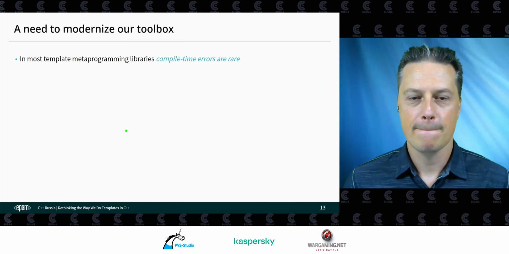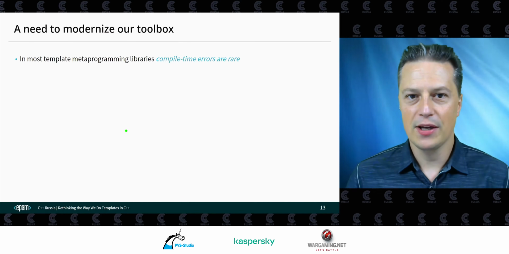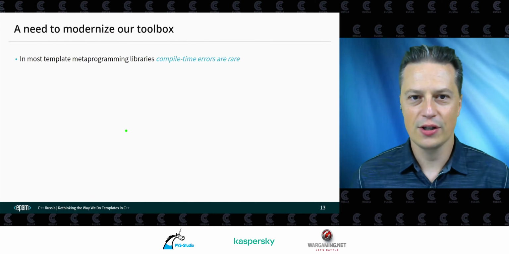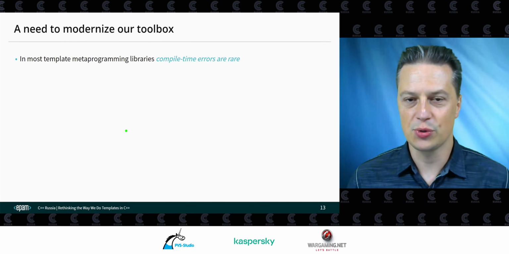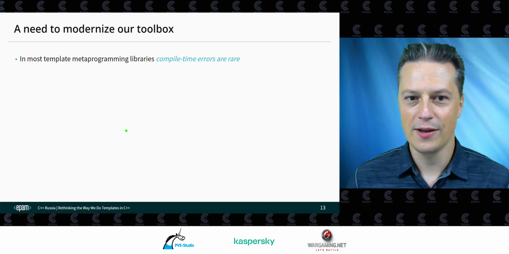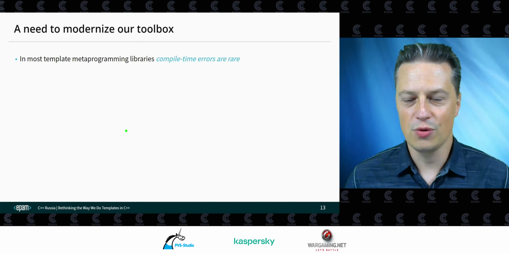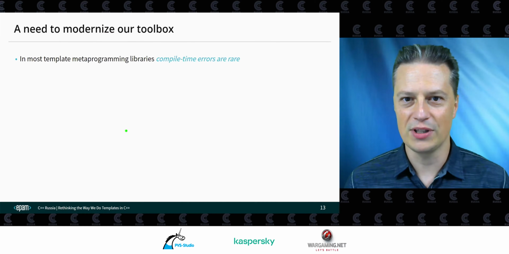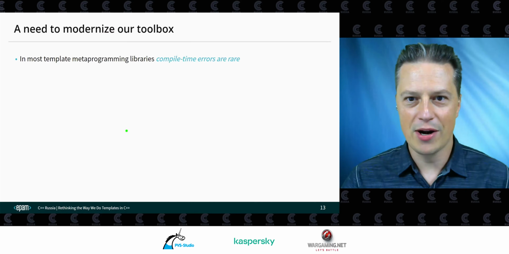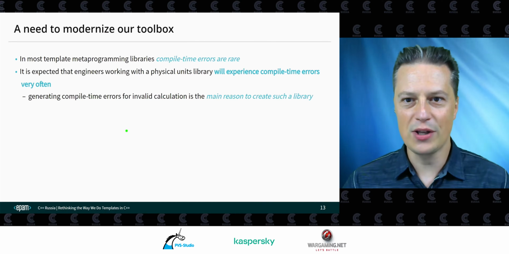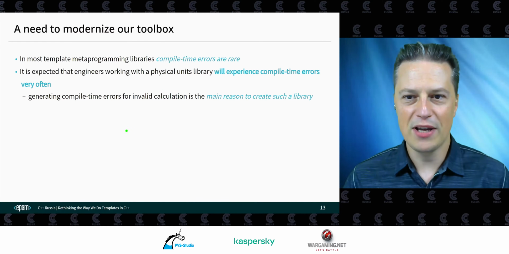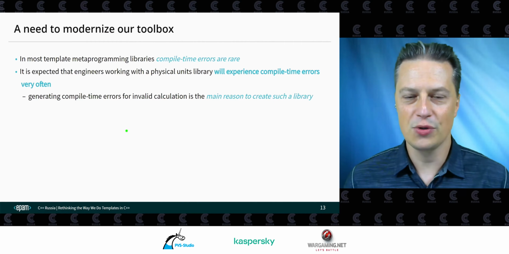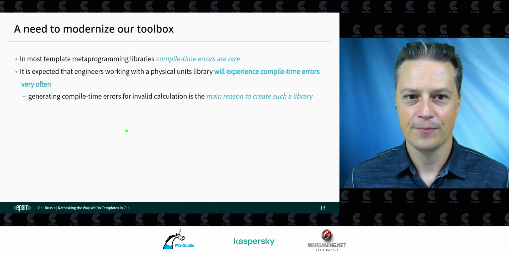So in most template metaprogramming, compile time errors are rare. It's really hard to break, for example, std string or std vector so that it doesn't compile. Or if you do it, you are probably doing something really, really stupid. But for some libraries, and the physical units library is one of those, the main reason to create such a library is to generate those errors for the user many times a day.